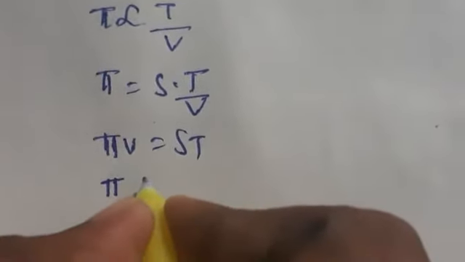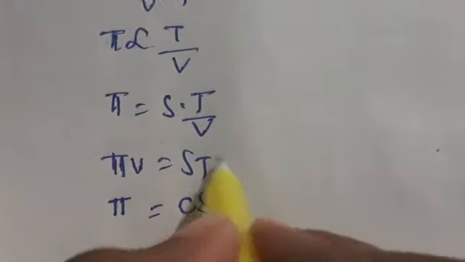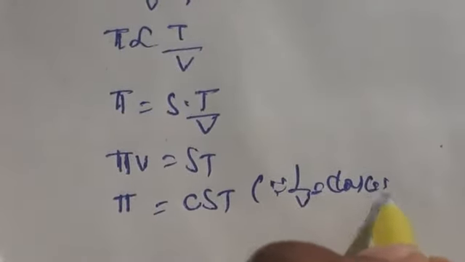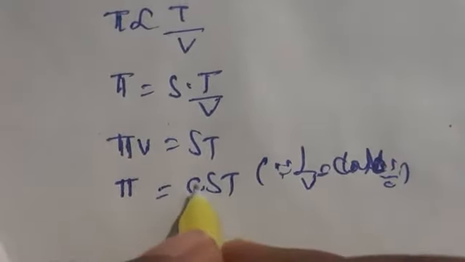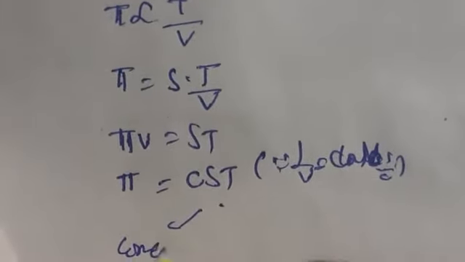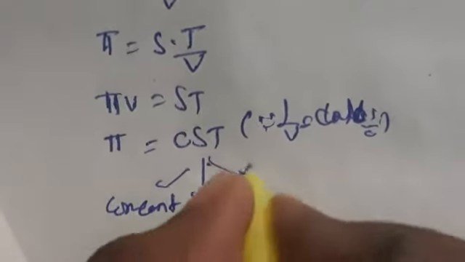In the starting I have told you C is directly proportional to 1 by V. So V is directly proportional to 1 by C, inversely proportional. So we can write pi is equal to CST, because 1 by V is equal to C, or V is equal to 1 by C. Like this also we can write CST, where C is concentration, S is constant, T is temperature.